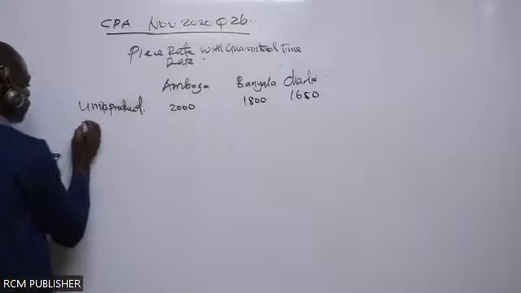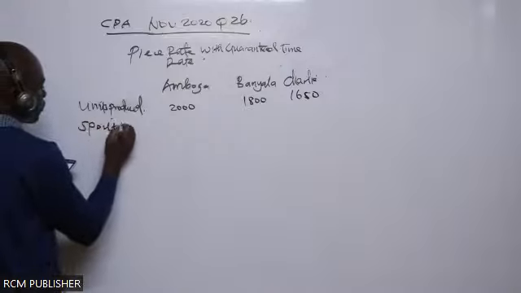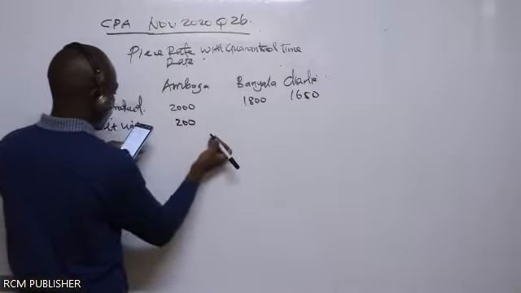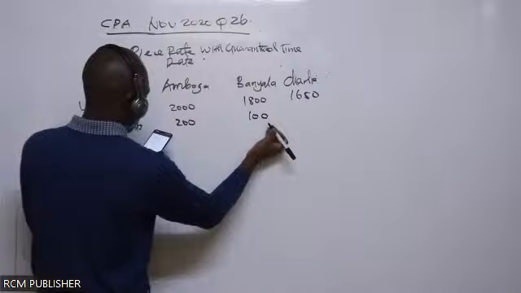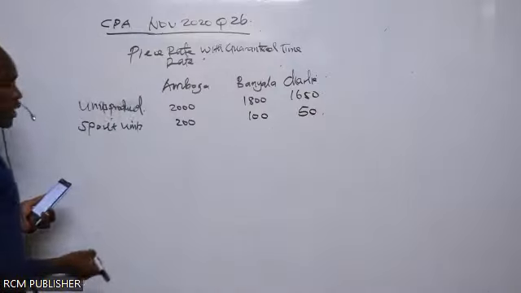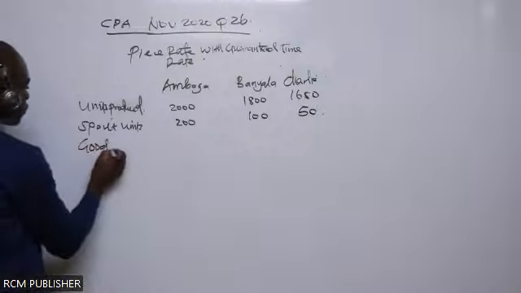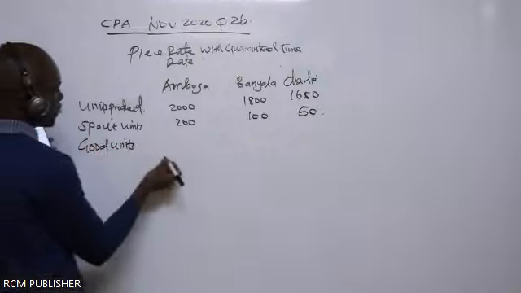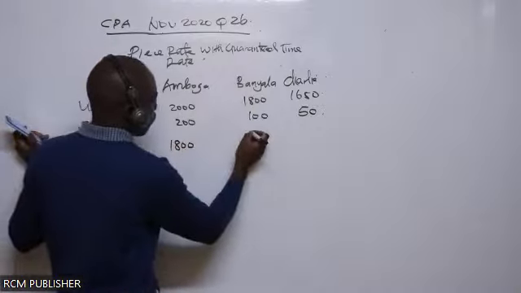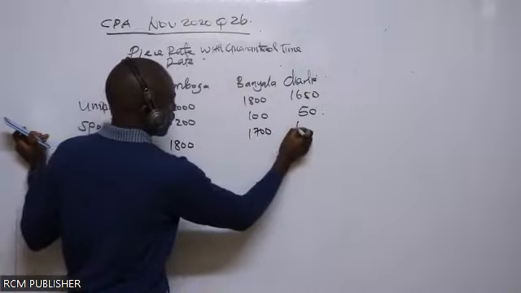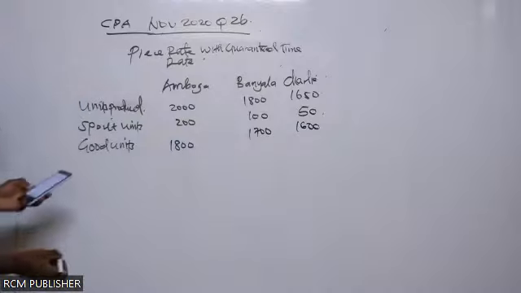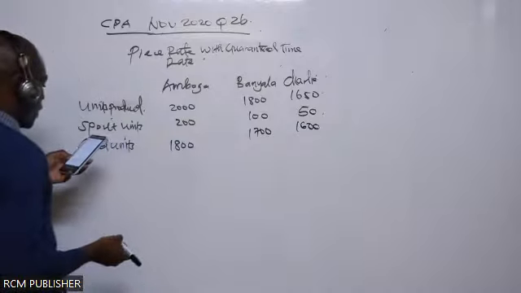Then we have spoiled units, we have 200, we have 100, we have 50. So it means from that point we are able to get good units. The good unit is now the difference.